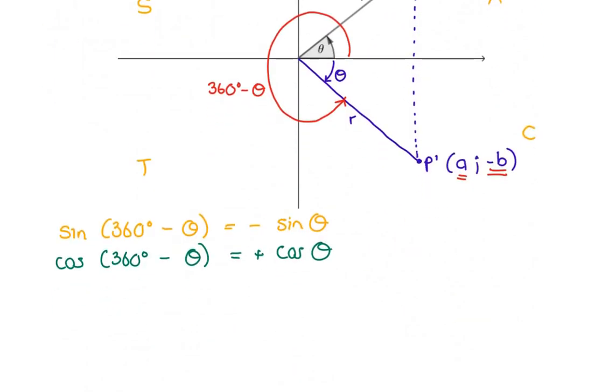So, quite predictably, our conclusion is that tan of 360 minus theta has exactly the same ratio as tan theta, except it's the negative cousin. So again, nothing is changing in terms of the ratio, but you're just having to decide based on the quadrant whether it's the negative cousin or the positive cousin.